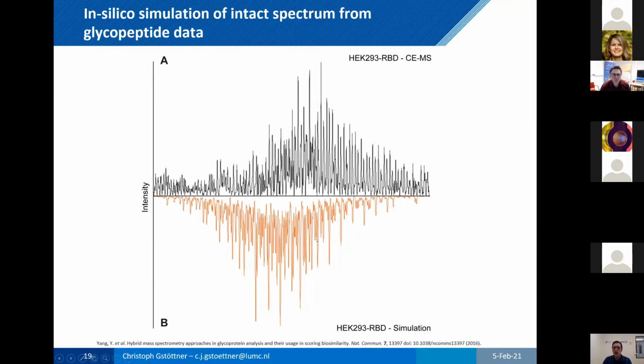However, if we look at the HEK produced material, you can see that the simulated spectrum is shifted to the lower mass range and the correlation is not so good. So this might have two reasons. On one hand, maybe the algorithm is assuming that the glycans are equally distributed. However, maybe the sialylated glycans are not equally distributed over the protein.